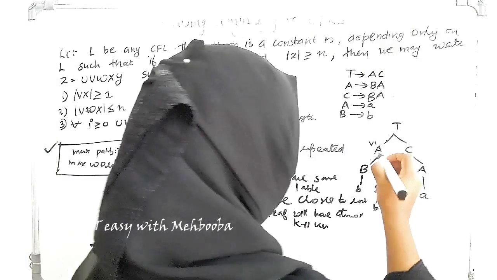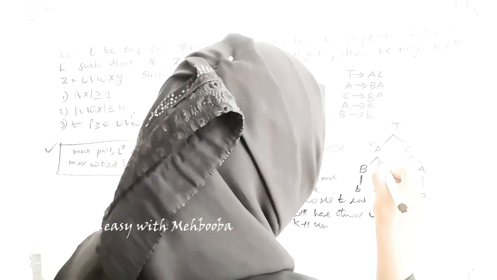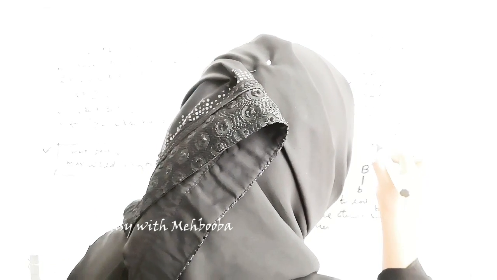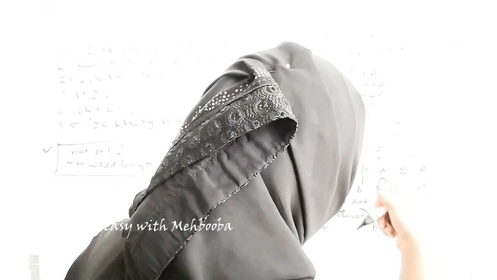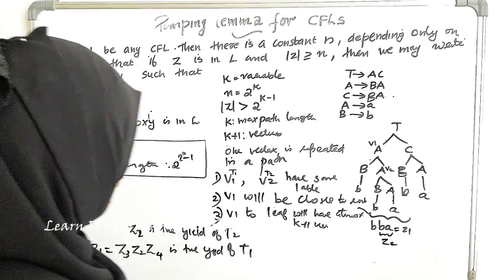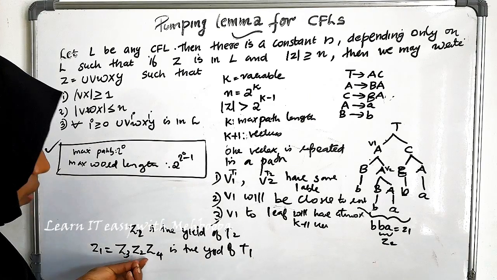For example, the yield of the subtree V1 here is BA, isn't it? This is Z1. The yield of the subtree T2 here is BA. This BA is the yield of the subtree T2, which is Z2. That is, the yield of the subtree Z1 is some Z3, Z2 and some Z4.